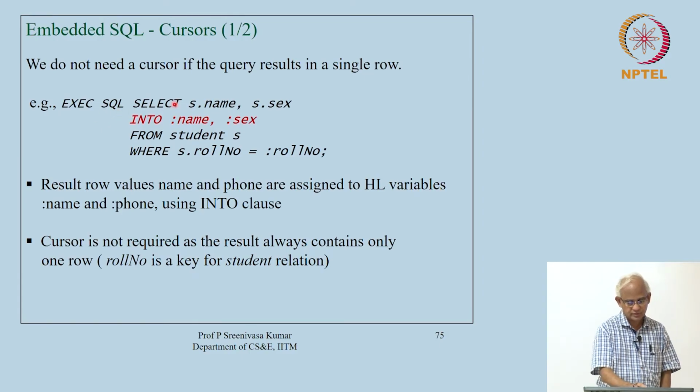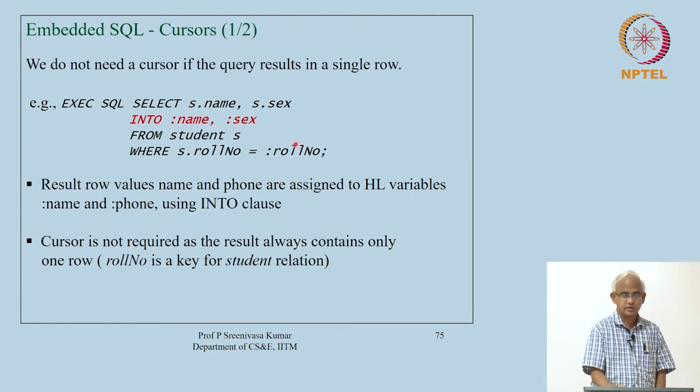Here is select s.name, s.sex into, look at this new clause. You can now give variables in your program which will receive these values, into, and then from student s where s.roll number equals.